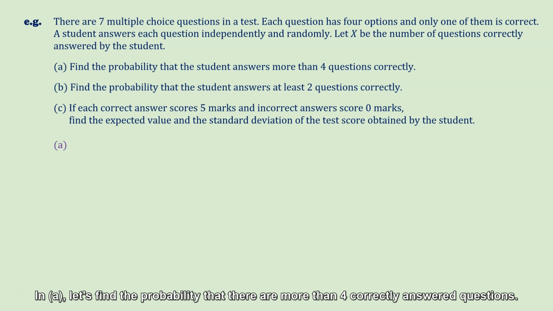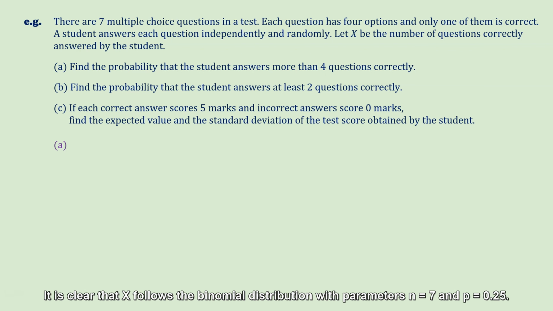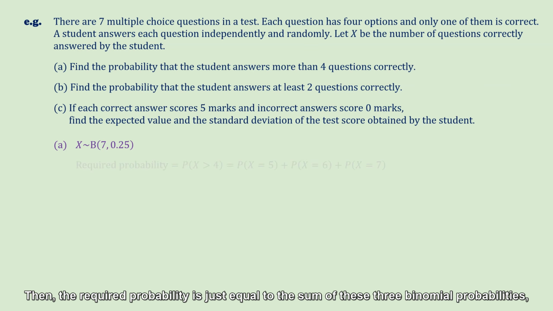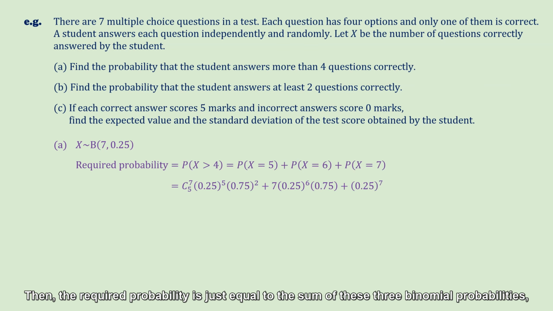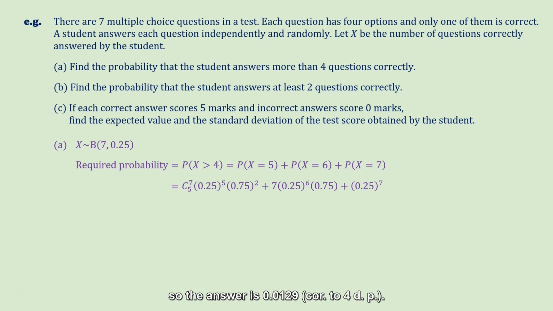In part A, let's find the probability that there are more than 4 correctly answered questions. It is clear that X follows the binomial distribution with parameters n equals 7 and p equals 0.25. Then the required probability is just equal to the sum of these 3 binomial probabilities. So the answer is 0.0129, correct to 4 dp.